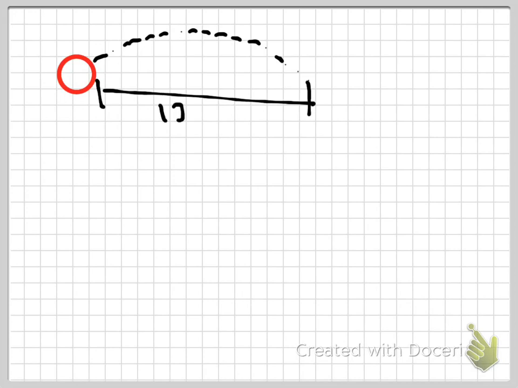We kick the soccer ball, it travels a horizontal distance, it goes 12 meters. t equals 1.5 seconds. What was the ball's initial horizontal speed?